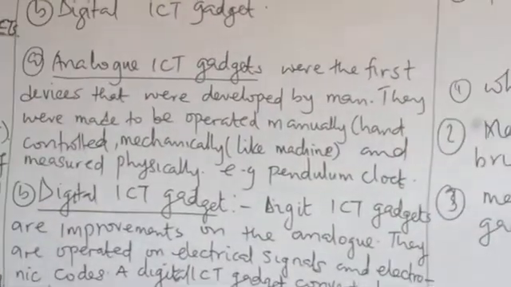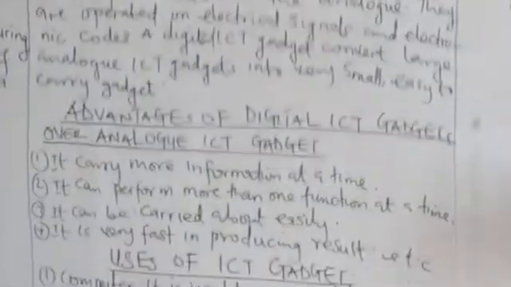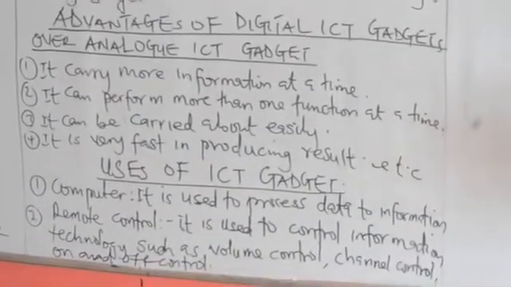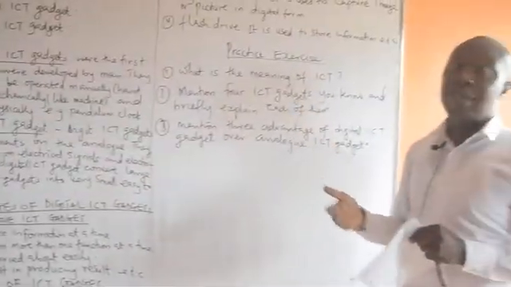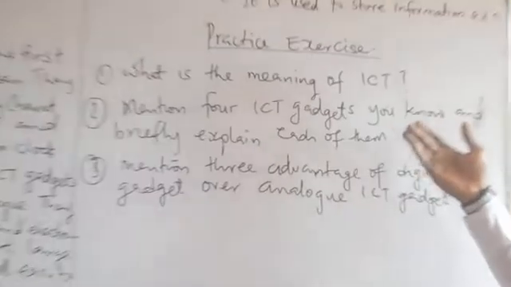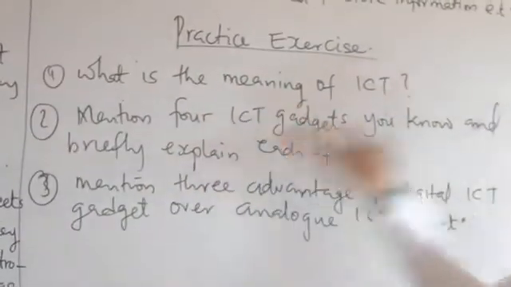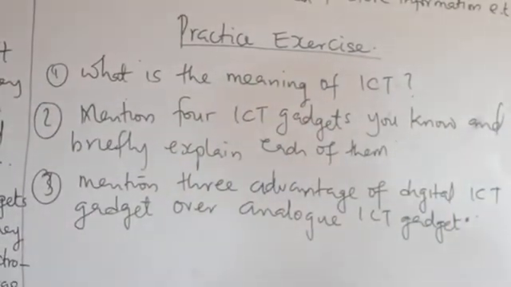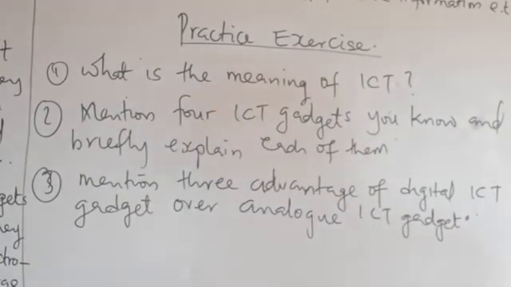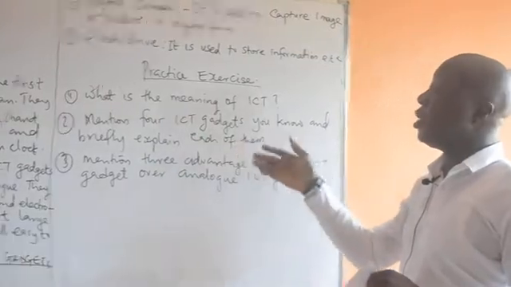And these are some of the practice exercises. What is the meaning of ICT? You are expected to write out the meaning of ICT. Secondly, mention four ICT gadgets you know and briefly explain each of them.